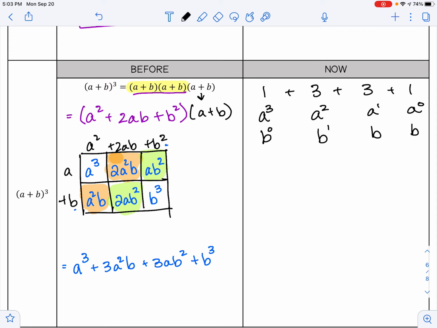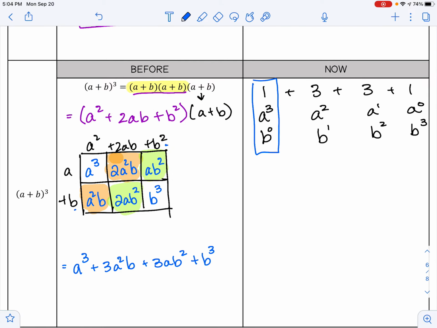So 0, 1, 2, 3. A quick way to check yourself is that each of these exponents should add to whatever exponent you have to start. So 3 plus 0 is 3, 2 plus 1 is 3, 1 plus 2 is 3, 0 plus 3 is 3.